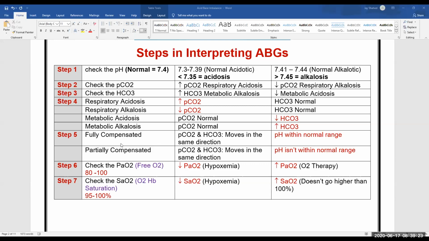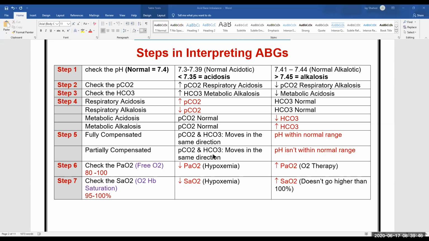So here's the story. You could be fully compensated. Now, I need you to remember one thing: in order to compensate, these two usually move in one direction. So if PCO2 goes up, HCO3 goes up also to balance things out. If the PCO2 comes down, the HCO3 comes down.